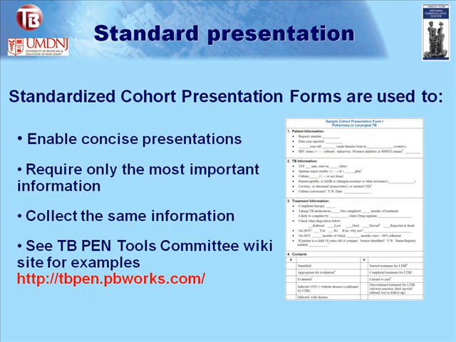Now, one of the things that makes the presentation of many cases in a meeting possible is to have sort of a standardized, concise form that requires only the most important information, and you get the same information on each patient. There's a wiki that is being set up at the Program Evaluation Network Tools Committee, and here's the site.